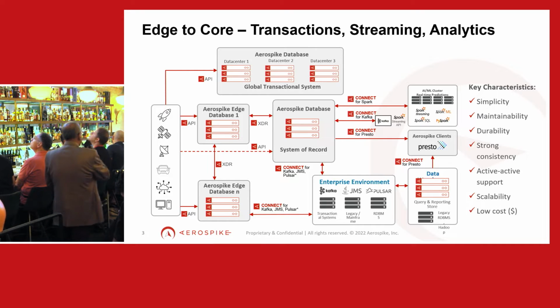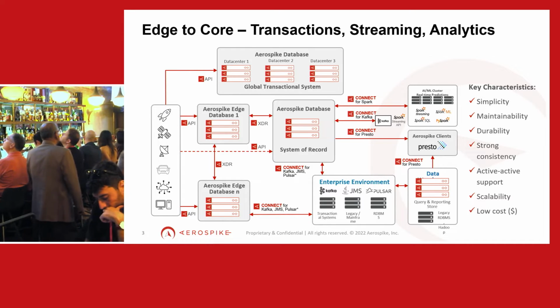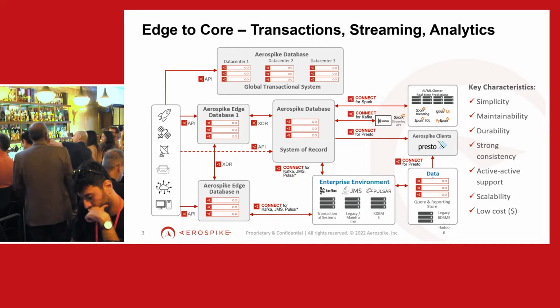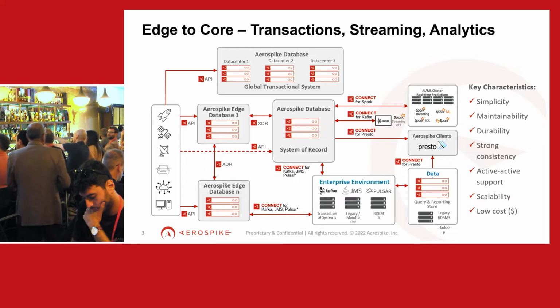If you look at the way I've shown it here, these various clusters are connected through XDR, which is a cross-data center replication technology. But also, what we have is the ability to take this data from the system of record and in place access it in terms of query processing through other systems like Spark and Presto. And that's the kind of a philosophical thing about Aerospike: we are not trying to solve all the problems ourselves.